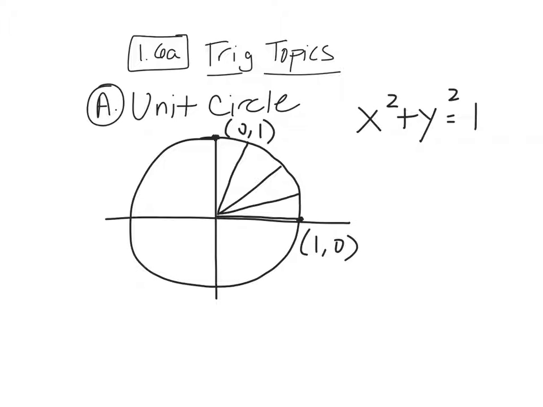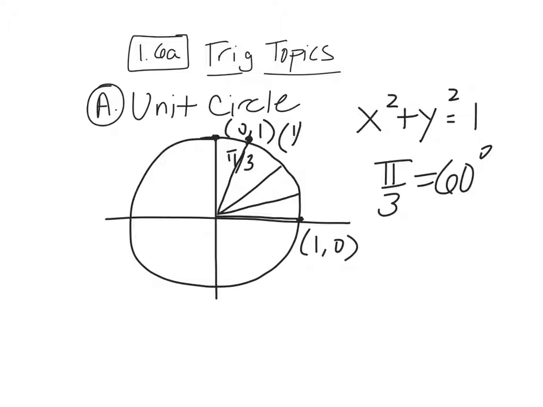And this one up here is the angle pi over 3. That's when you got into radians. Pi over 3 is 60 degrees.